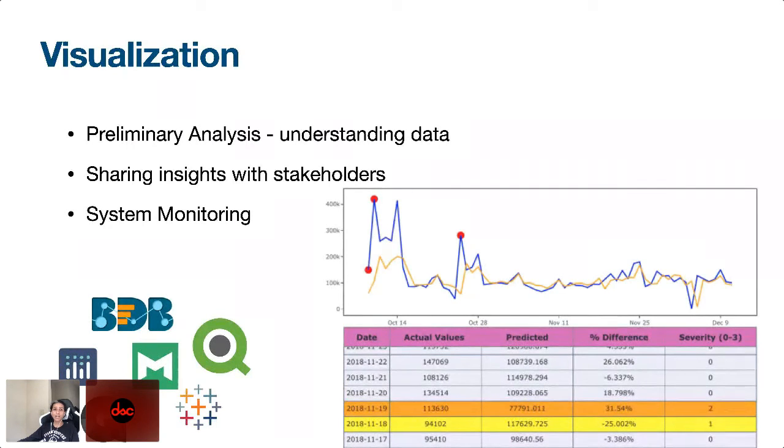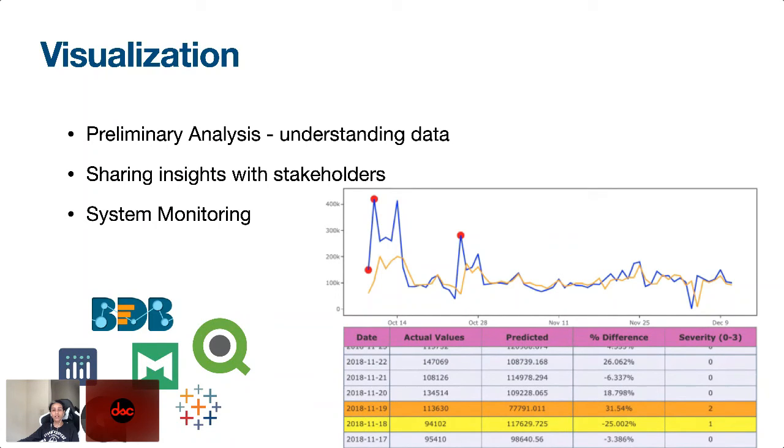It's very hard to find the anomalous row in that table. But if I translate this into a simple line chart above it, it's very easy to identify the points that are anomalies, how much they vary from the other data, and which days they occurred. So it is very important to identify the right visualization for your data.